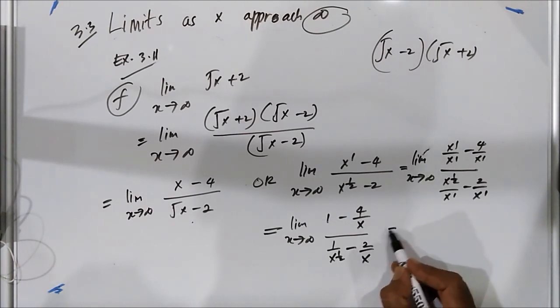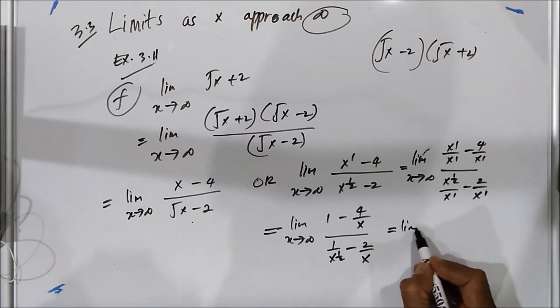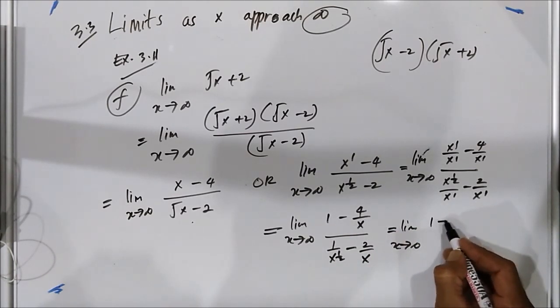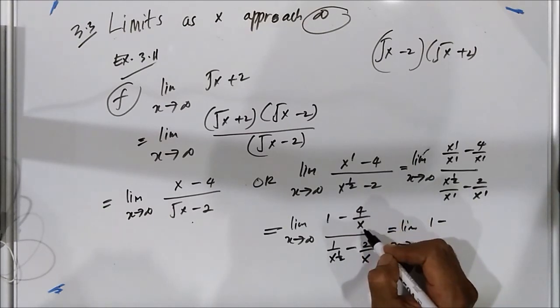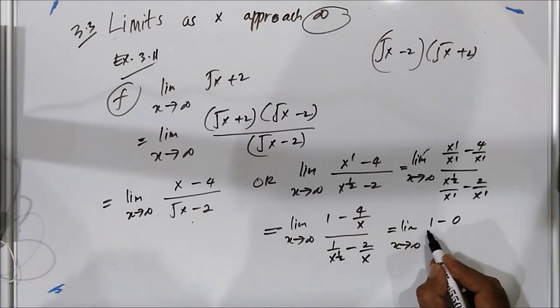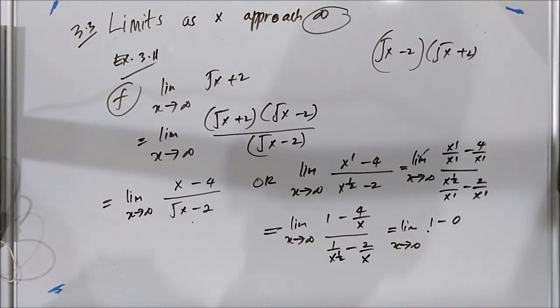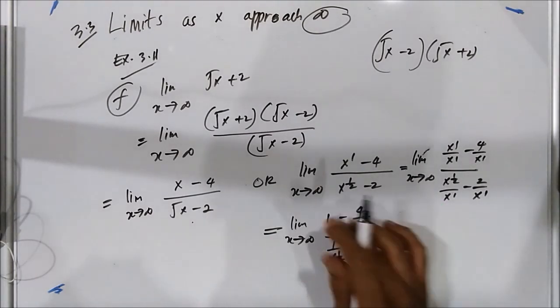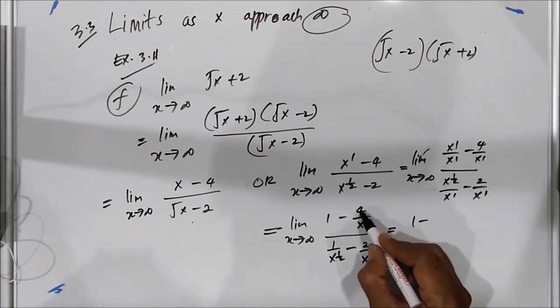So this is equal to the limit as x approaches infinity of 1 minus a small value, divided by a very small value.